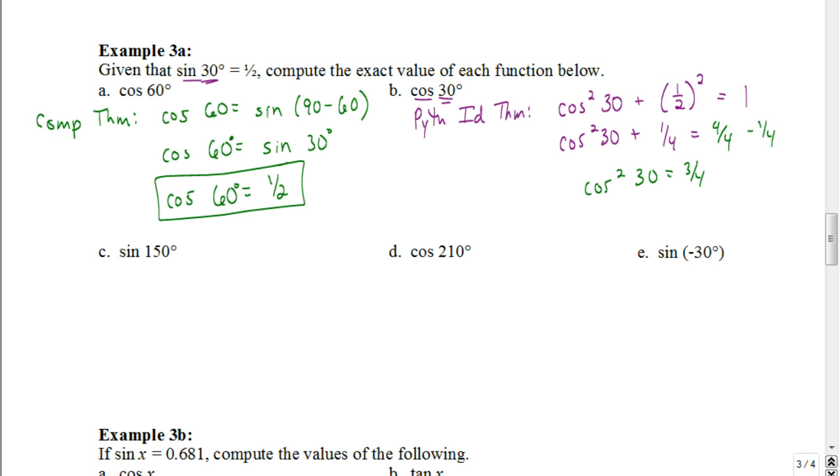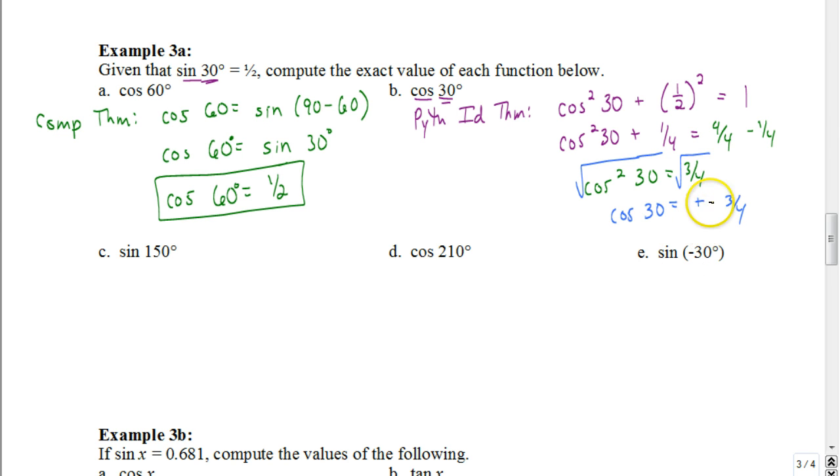And now to figure out what the cosine of 30 is, I would take the square root of both sides. So when I do that, I'd end up with the cosine of 30 equals, now technically you would say plus or minus the square root of 3/4. But a couple things about that. For one, the cosine of 30 is in quadrant 1, so we're not going to worry about the negative square root.